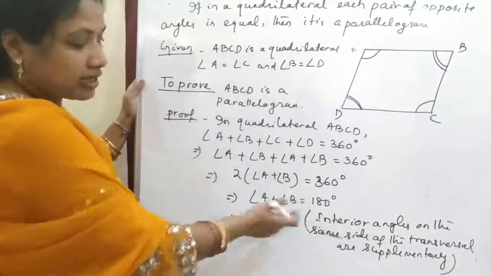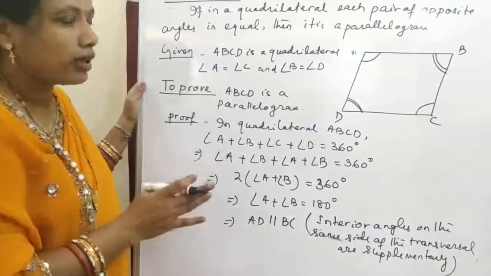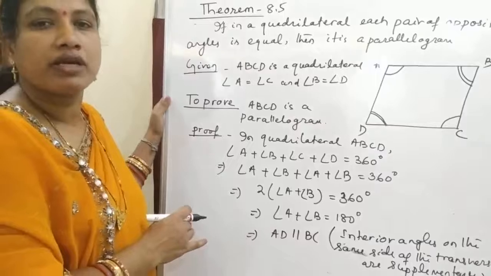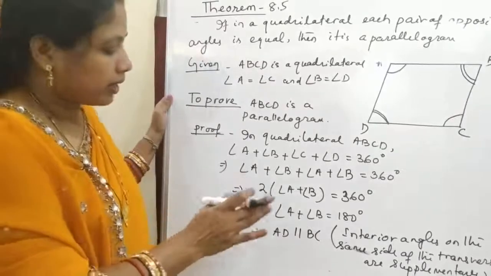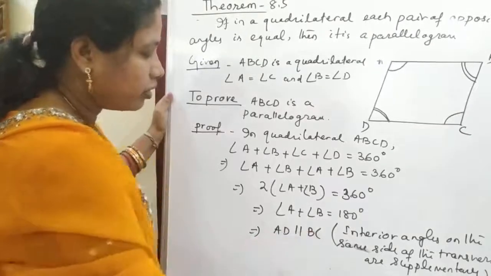We have proved this earlier: if a transversal intersects two lines such that the interior angles on the same side of the transversal are supplementary, then those two lines are parallel to each other. So we have proved that AD is parallel to BC.